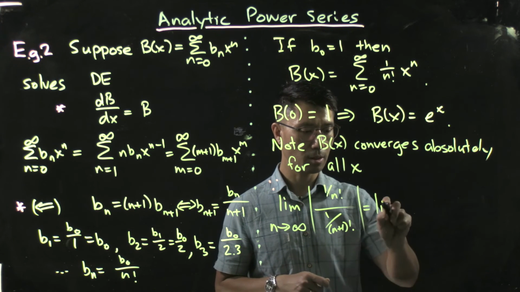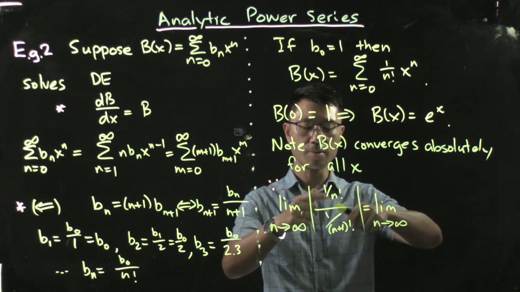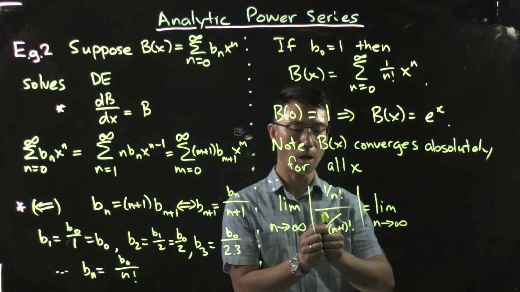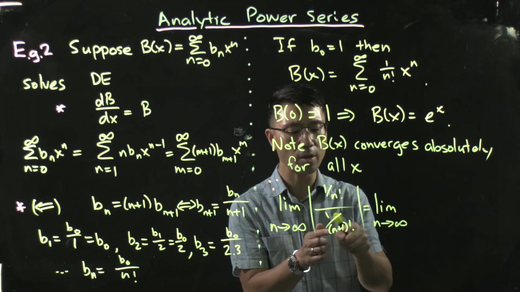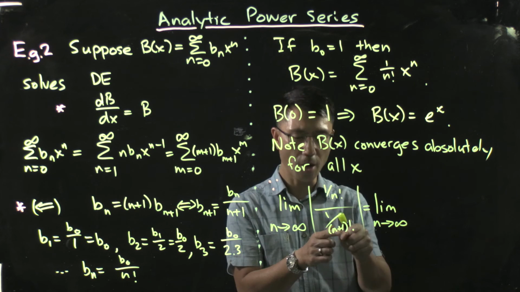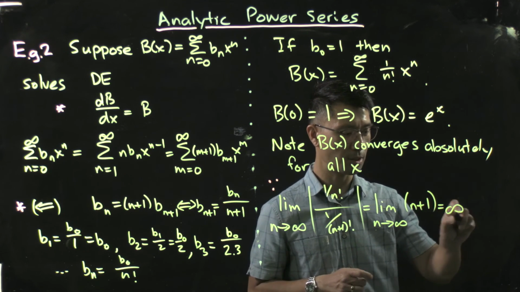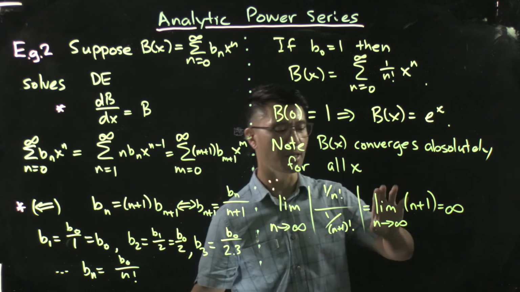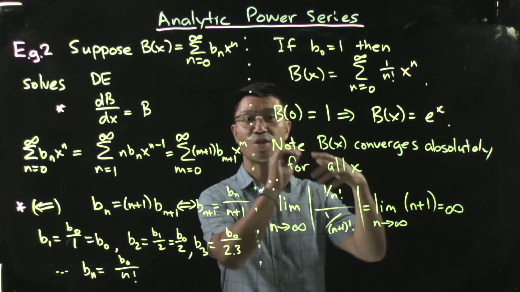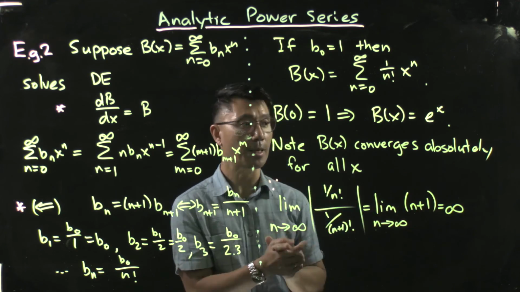In that limit most of the terms cancel, and the only term that doesn't cancel is the n plus 1, since it's in the denominator of the denominator. So that's just n plus 1, and the limit of this is infinity. That tells you the radius of convergence is infinite.